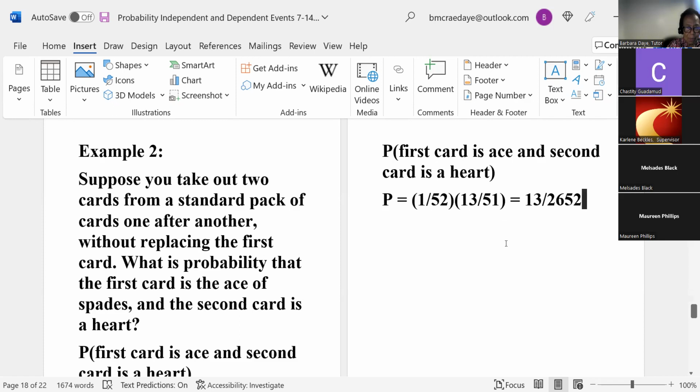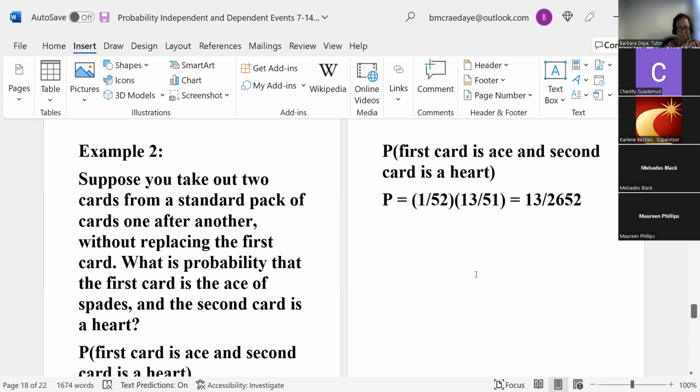But you're not taking them out. What if you don't put them back? You're taking a card out. That's why you have 51 left in the deck.